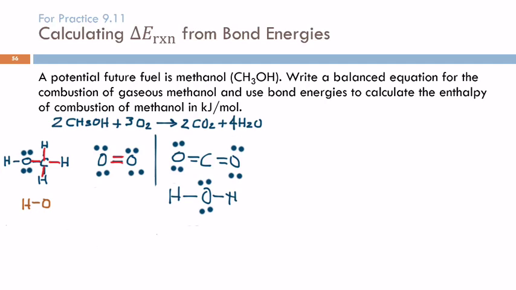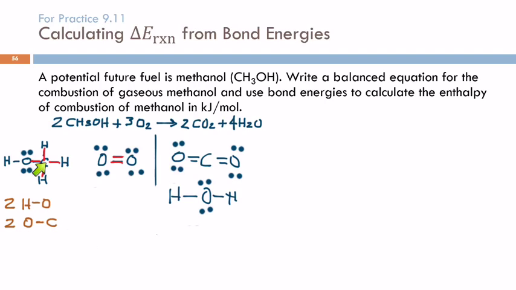Okay, so we have 2 hydrogen-oxygen single bonds that are going to be broken. Also in this molecule, we have an oxygen-carbon single bond. In this molecule, there is 1 oxygen-carbon single bond. We have 2 molecules, so we're breaking 2 of those bonds. You with me?